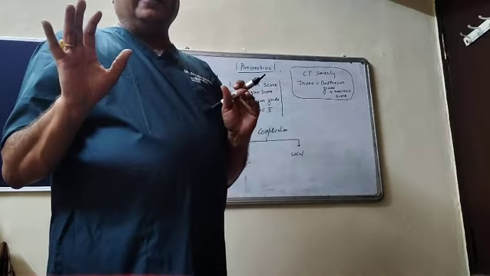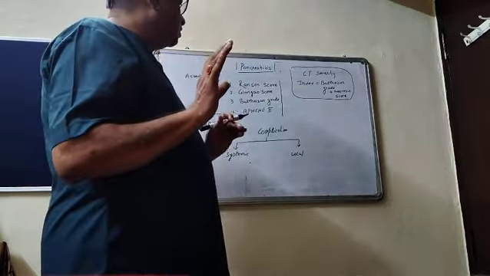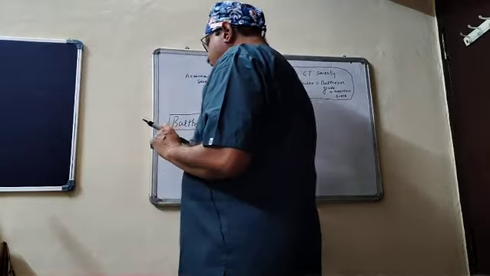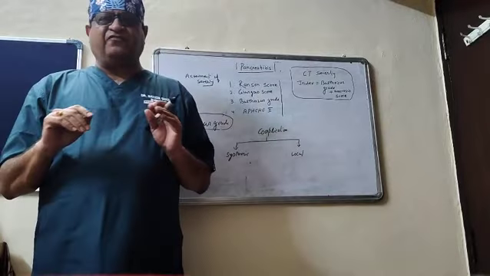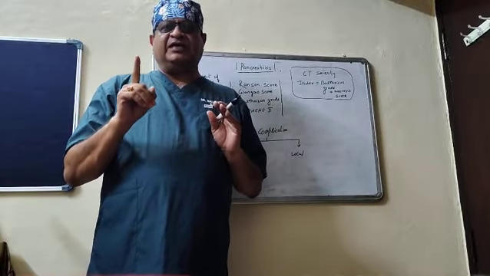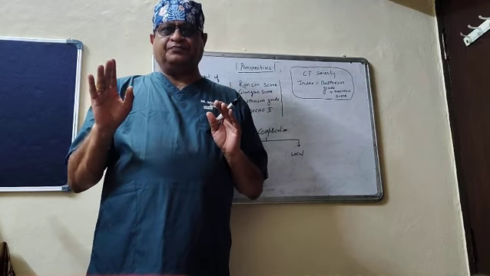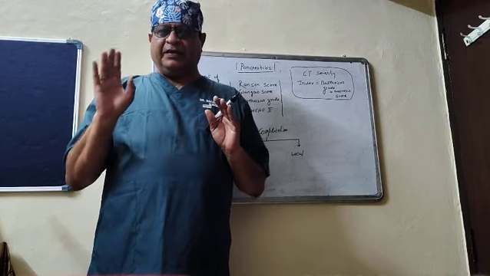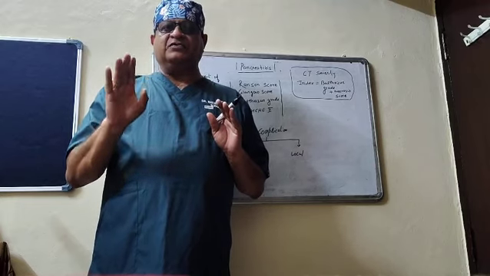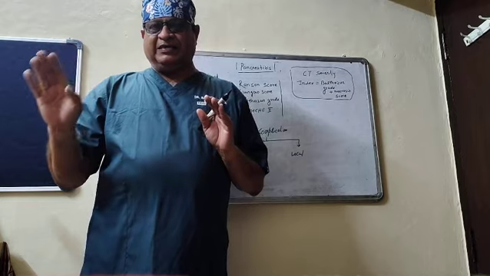Now we briefly discuss the Balthazar grade. Grade A, if the CT scan findings are normal. Grade B, if there is focal or diffuse enlargement of the pancreas.